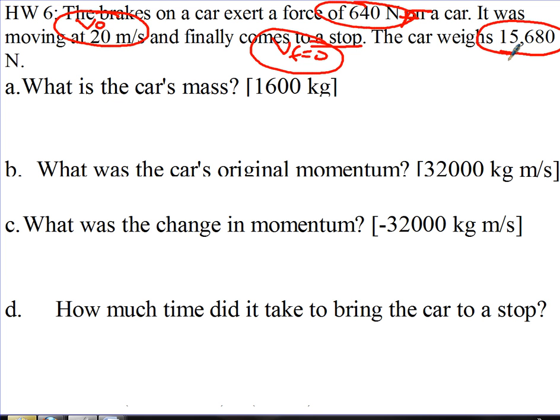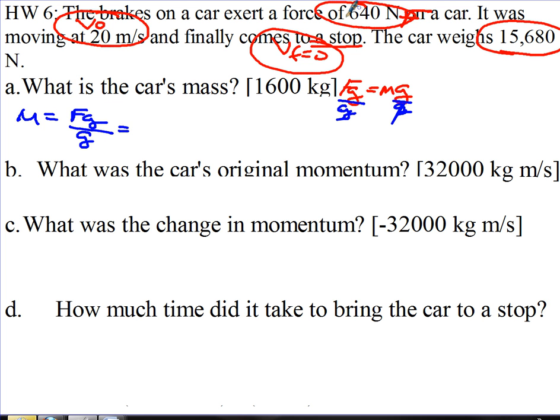What's the car's mass? This is not a trick question. Again, remember, everything I've taught you before, you have to use now. And we're going to go to the formula Fg is mg. So, to find the mass, we need to divide both sides through by g. So the mass is equal to its weight divided by gravity.